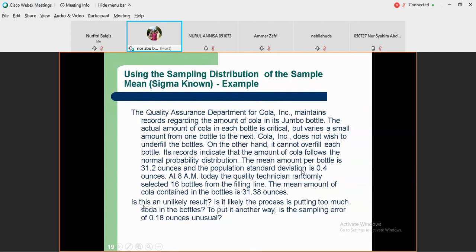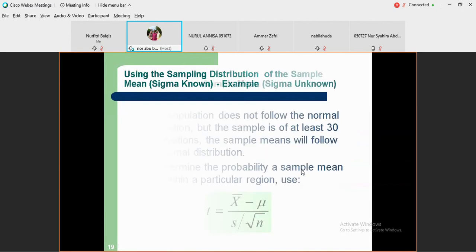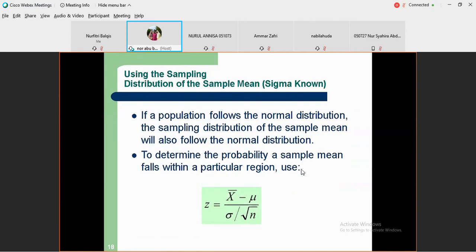Okay, so is this an unlikely result? Is it a significant value? Okay, that is the question. So actually this is what we are going to do. That is in order for us to determine the probability of a sample falling within a particular region.